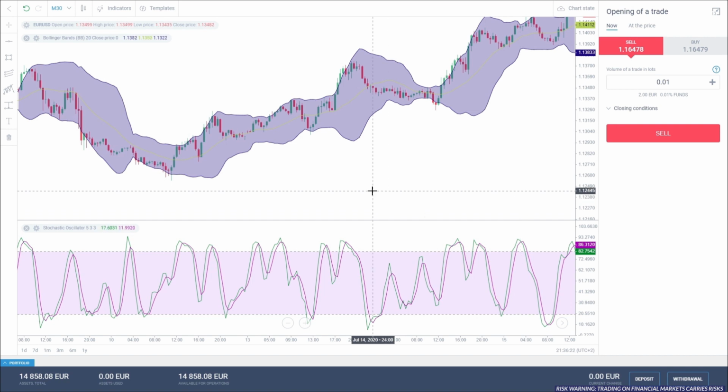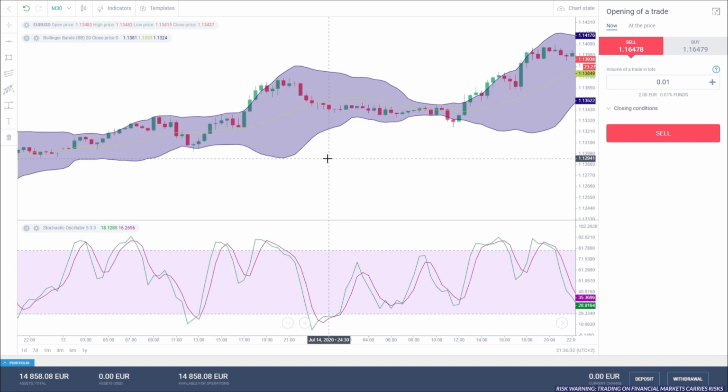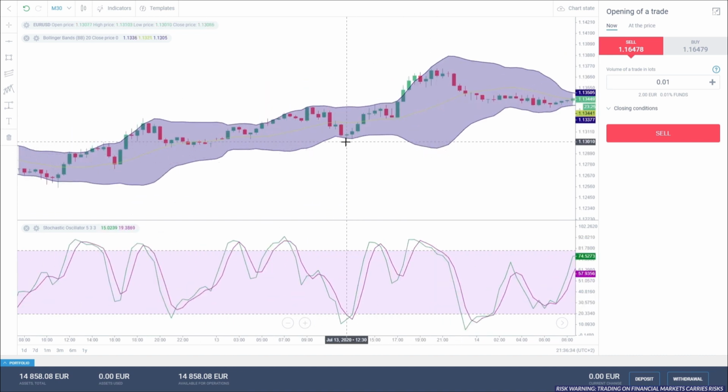Okay, and here we have a beautiful textbook example of a buy trade. Right here we have this green candle that crossed the lower Bollinger Band, I will zoom in more, and as you can see, right here the percentage K line crossed the percentage D line bottom up below 20%.